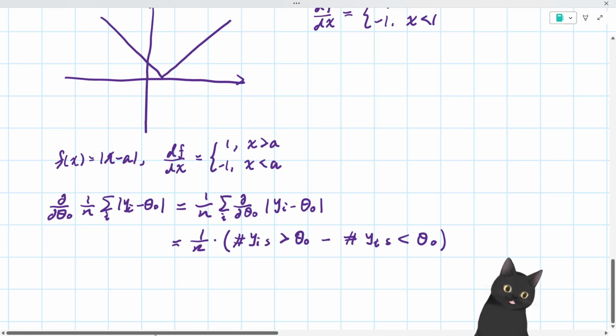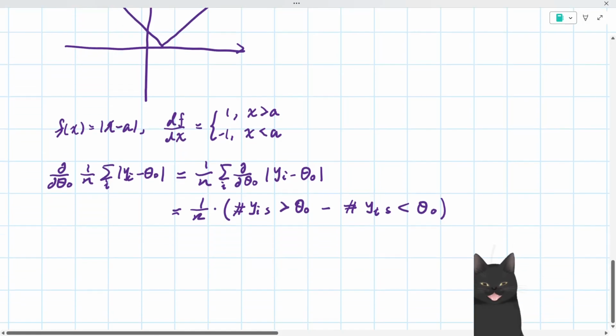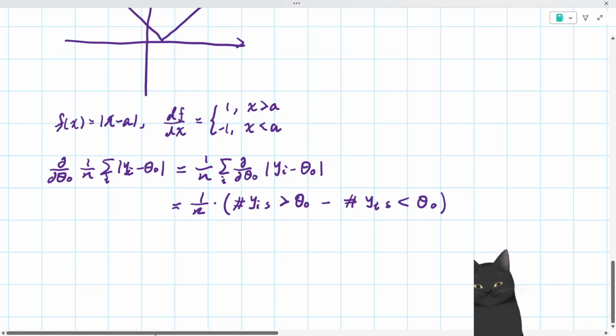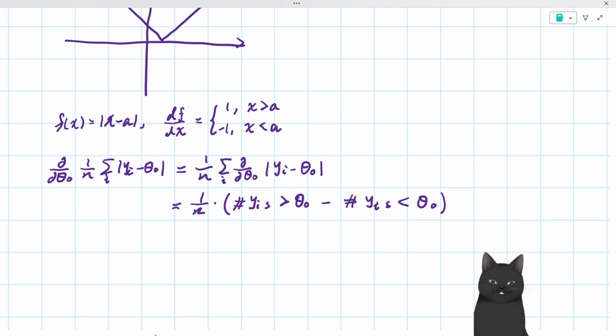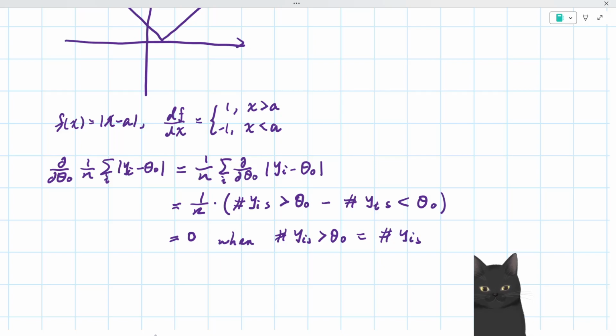This actually poses an interesting question. The question also says that we can assume n is odd, so the median is well defined and there's only one median. We notice that this value is equal to 0 when the number of yi's that are larger than theta naught is equal to the number of yi's that are smaller than theta naught.